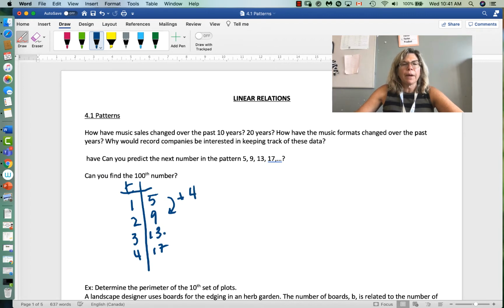So then I would say before we try and find the 100th number, why don't we find the 5th number? If we find the 5th number, well, the 5th number is the value of the 4th number plus 4. So that would be 17 plus 4 is 21.